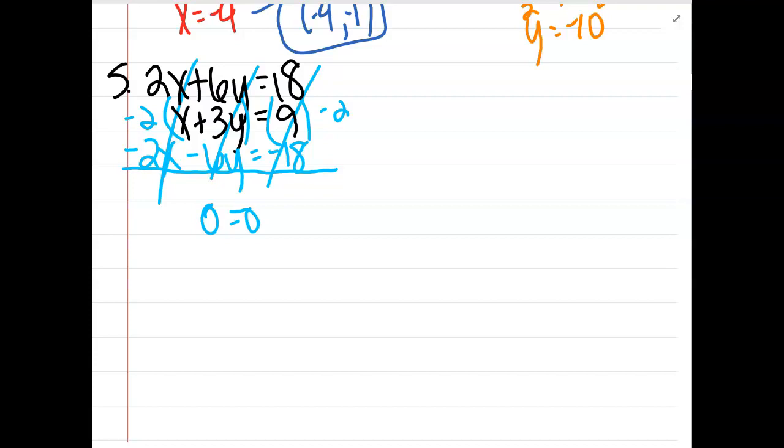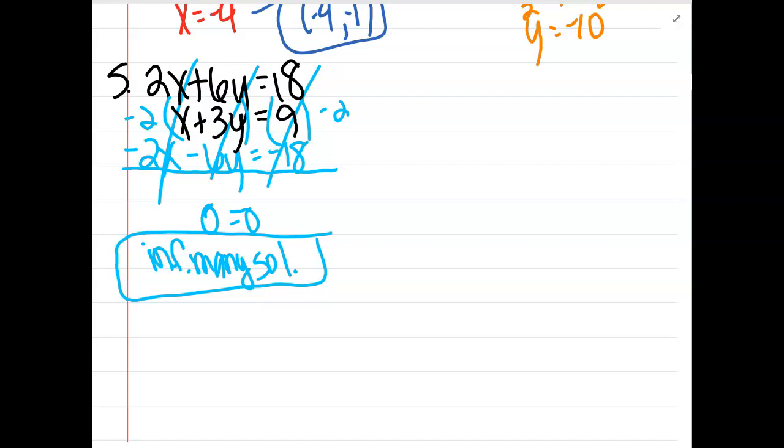When you get a true statement with systems of equations, what does it mean? It's not all real numbers. That's with regular equations. Infinitely many solutions. If I were to graph both of these lines, what would they look like? They'd be the same line. The exact same line. Very good.